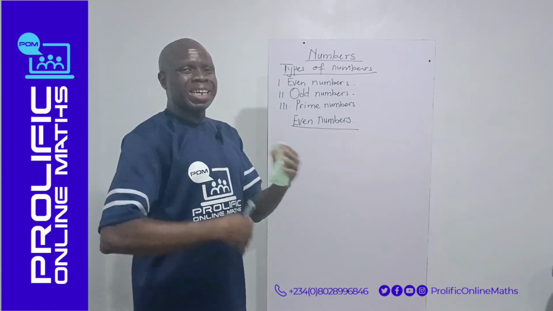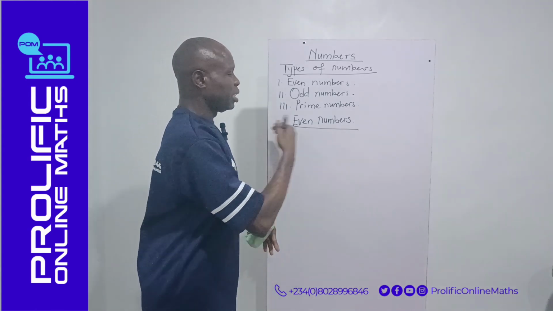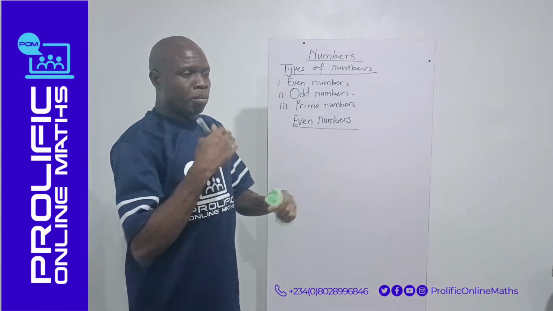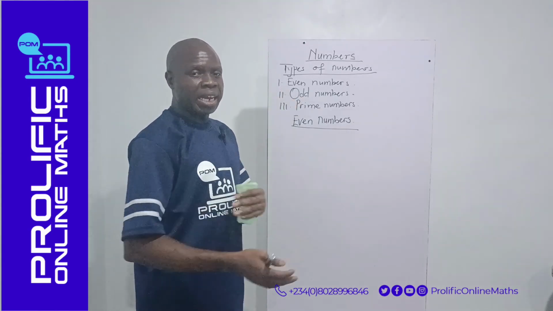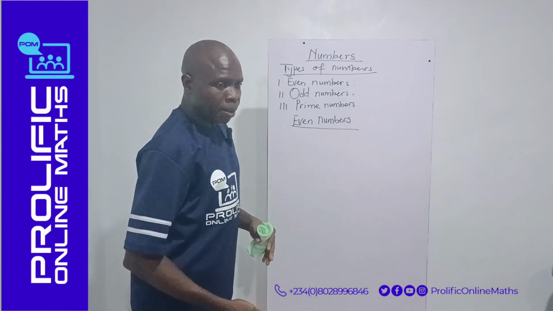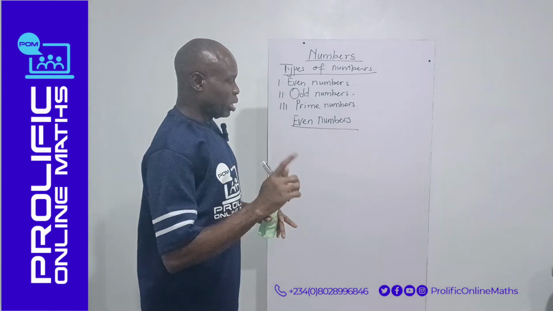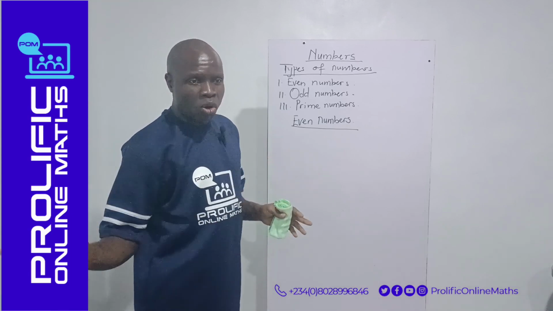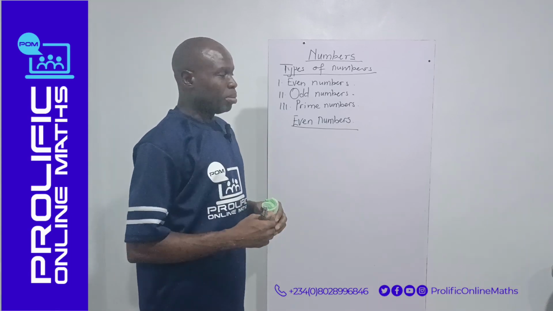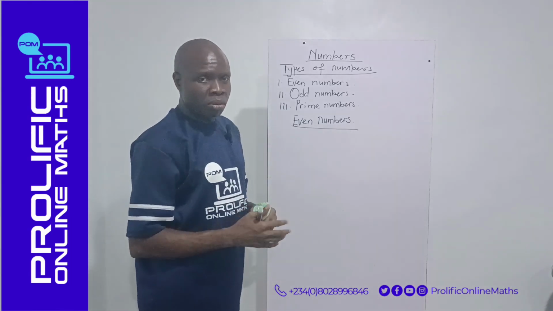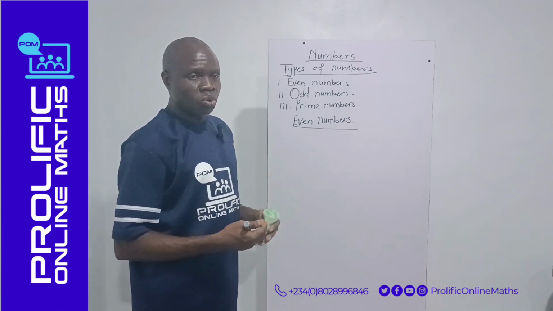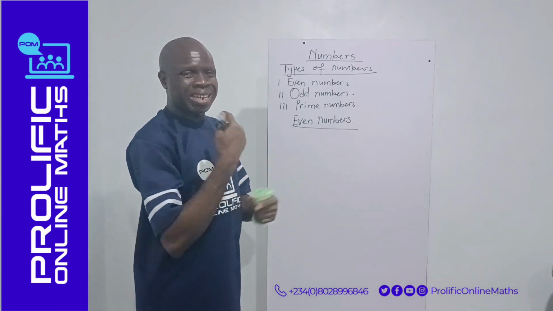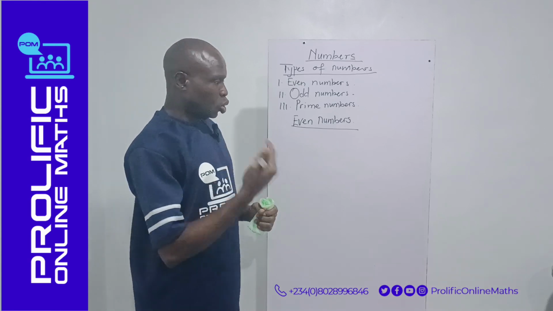Any number that 2 can divide is an even number. Other numbers could divide such numbers, but 2 must be able to divide that number. So it's not only 2 that can divide them. 2 is a major number that can divide all the numbers. So we refer to them as even numbers, or multiples of 2. That is, those numbers can be divided by 2.